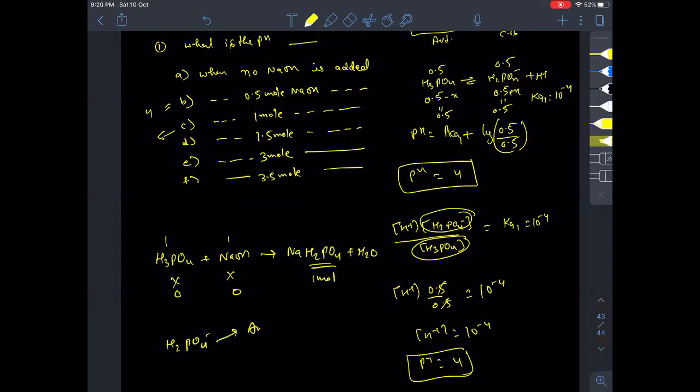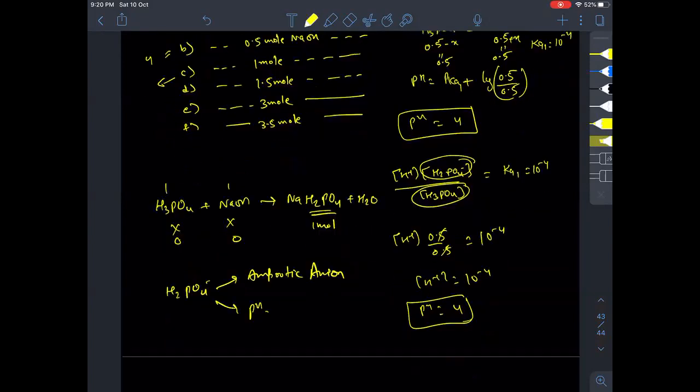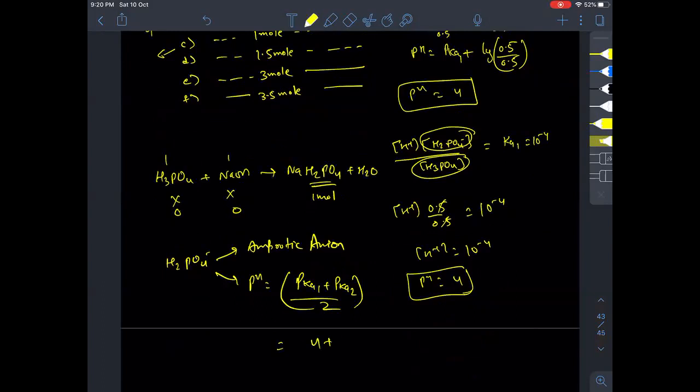It is an amphiprotic anion. In the last video, I told you how to get the pH. pH is simply the average of pKa1 plus pKa2. So that will be basically 4 plus 7 by 2. That is 5.5. That's how you are supposed to solve.